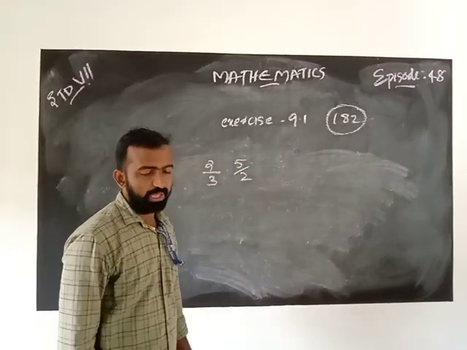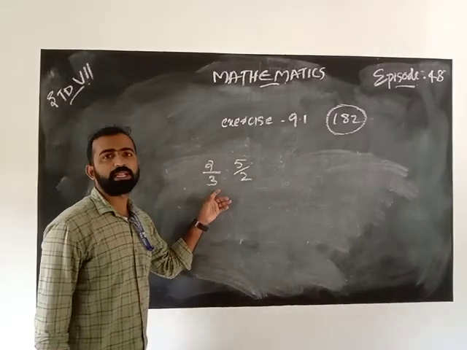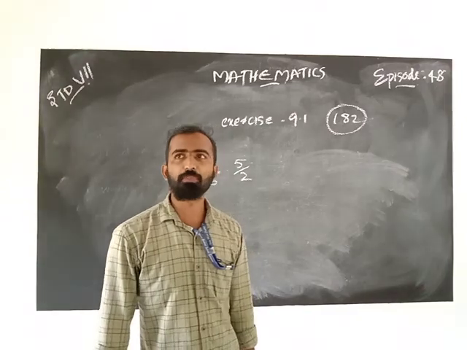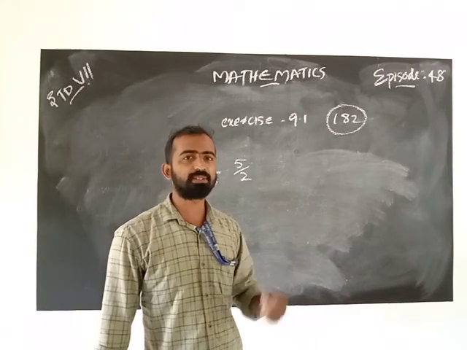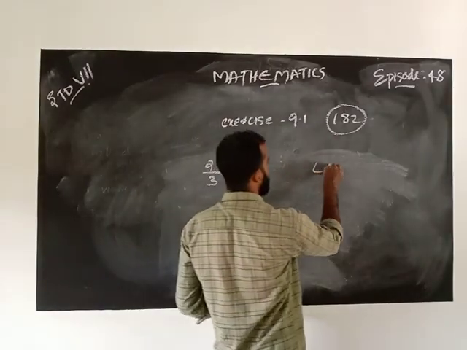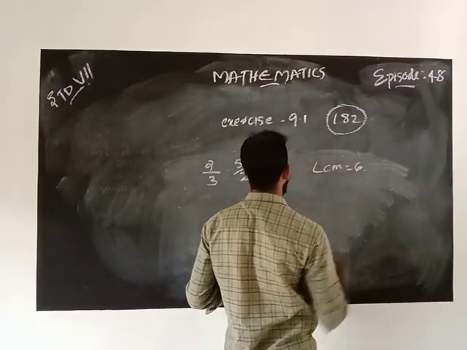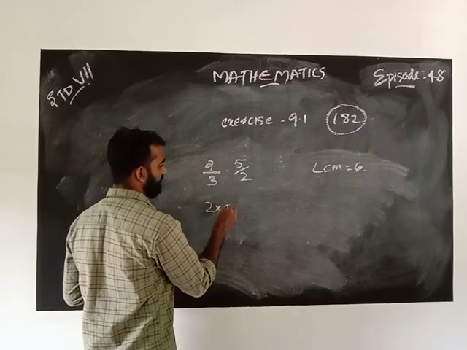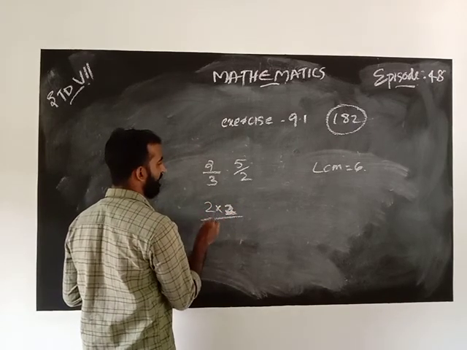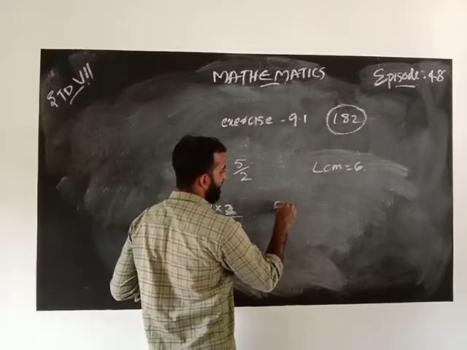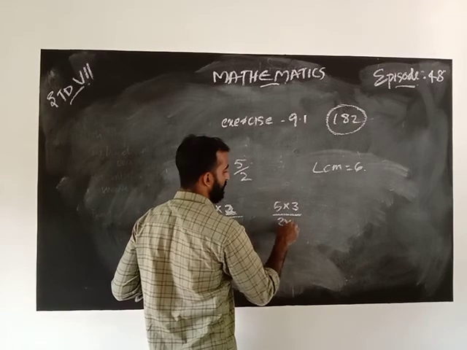5 by 2. Here, when we look at these two rational numbers, these are two positive rational numbers, so we want to make the denominators the same. Then we take the LCM, and we get LCM as 6. That is, we get 2 into 2 divided by 3 into 2 and 5 into 3 divided by 2 into 3.